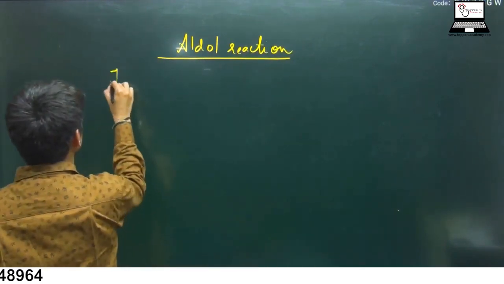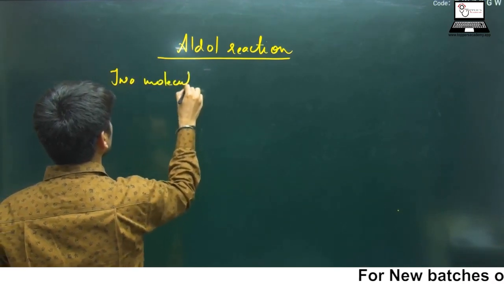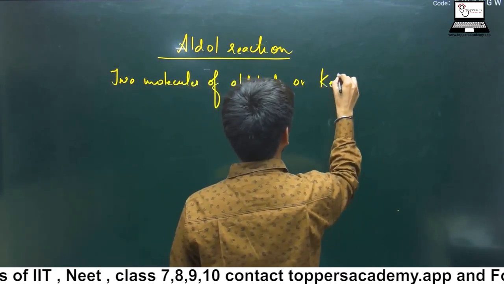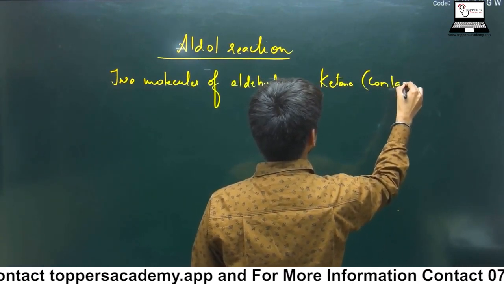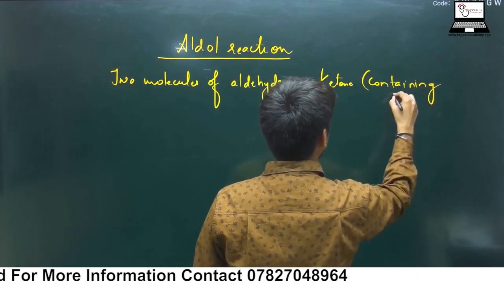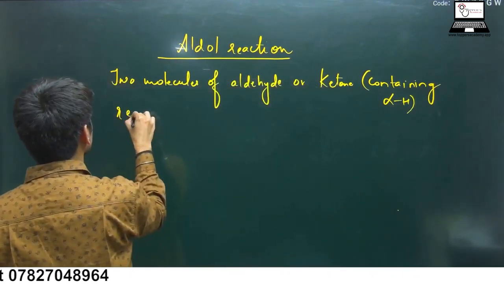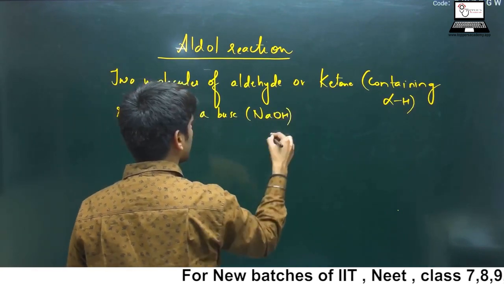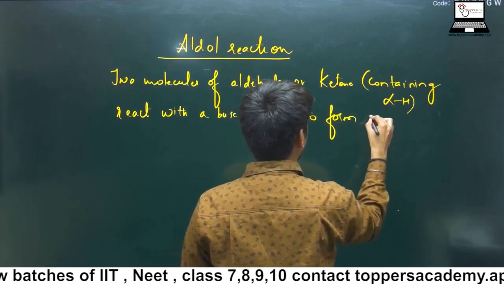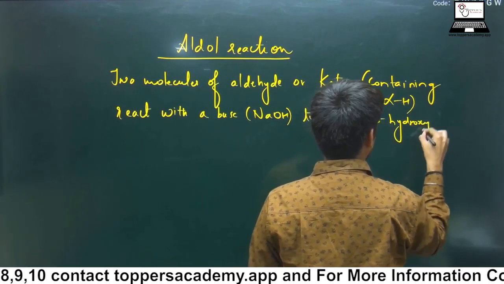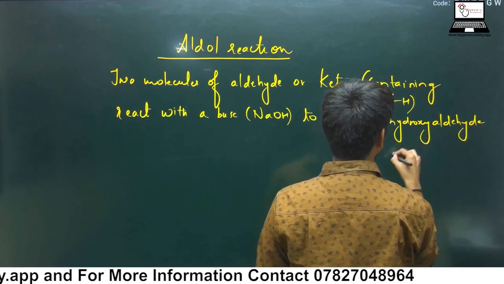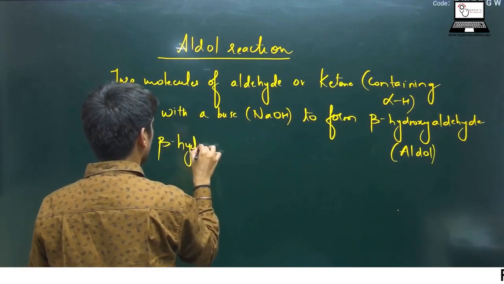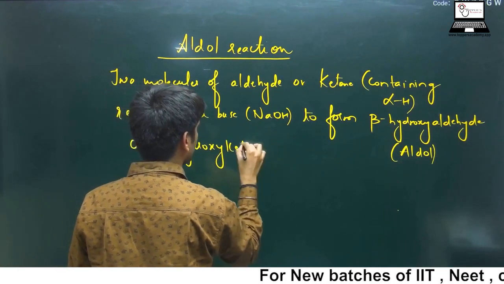Now in this reaction, two molecules of aldehydes or ketone containing alpha H react with a base, for say NaOH, to form beta hydroxy aldehyde, which is called aldol, or beta hydroxy ketone, that is ketol.